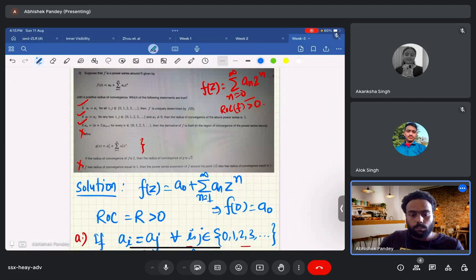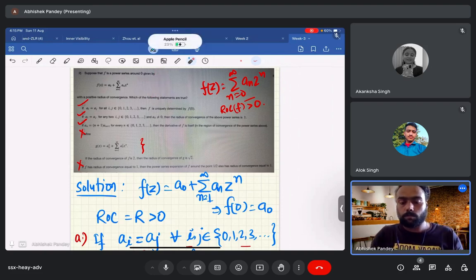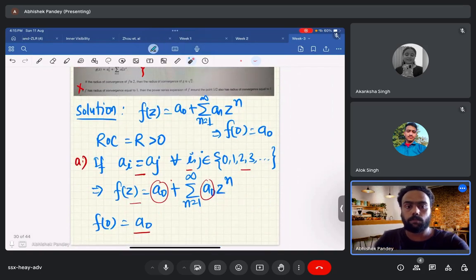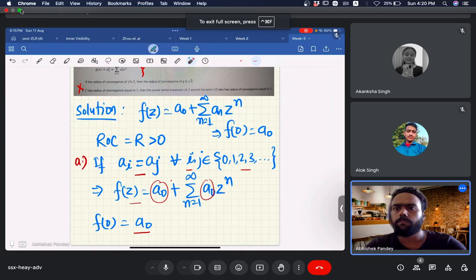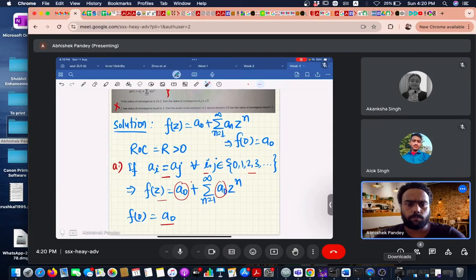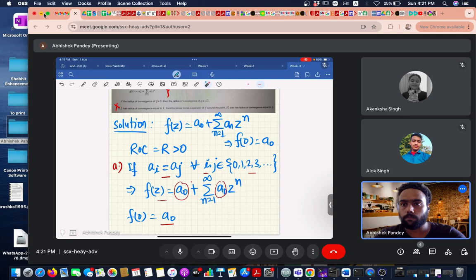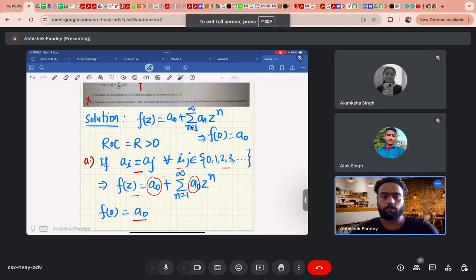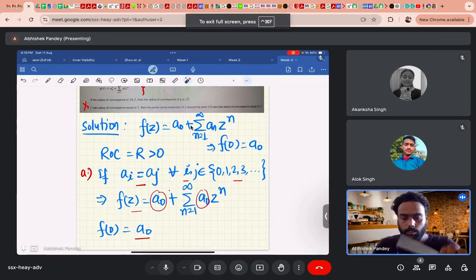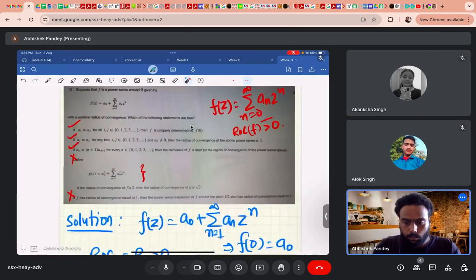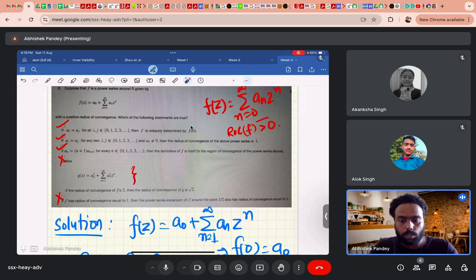Let us see this problem. Suppose f is a power series around 0 given by this one, with a positive radius of convergence.